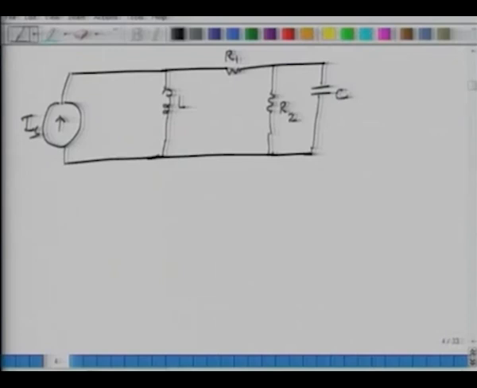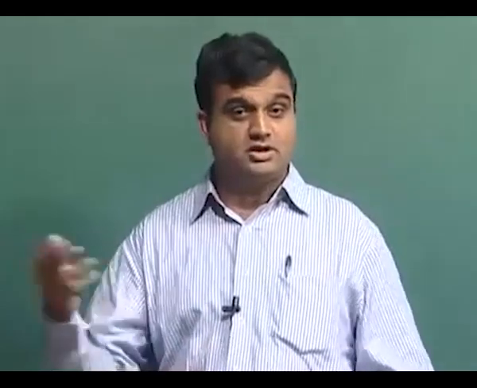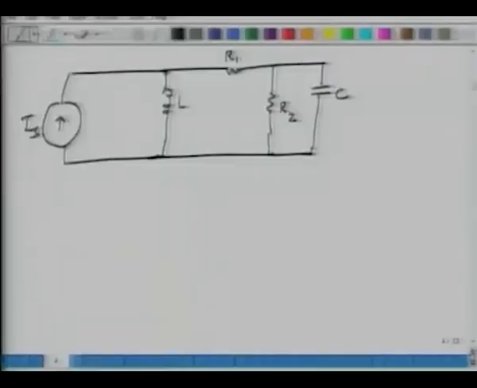Instead of using Kirchhoff's voltage conservation law, I'll use the other one, the current conservation approach. I have two nodes here. The potential at node 1 is E1, and the potential at the second node is E2.